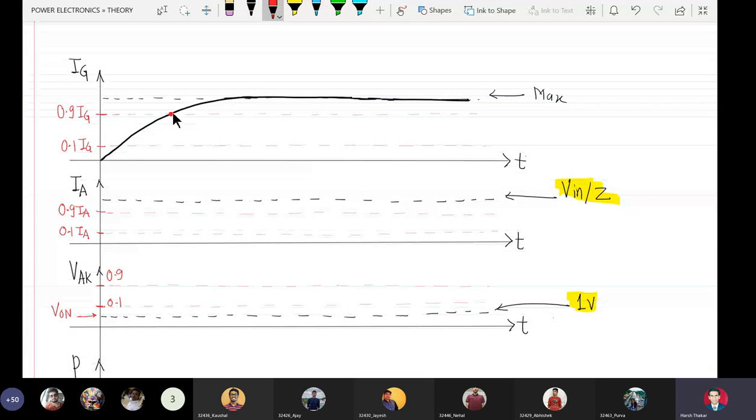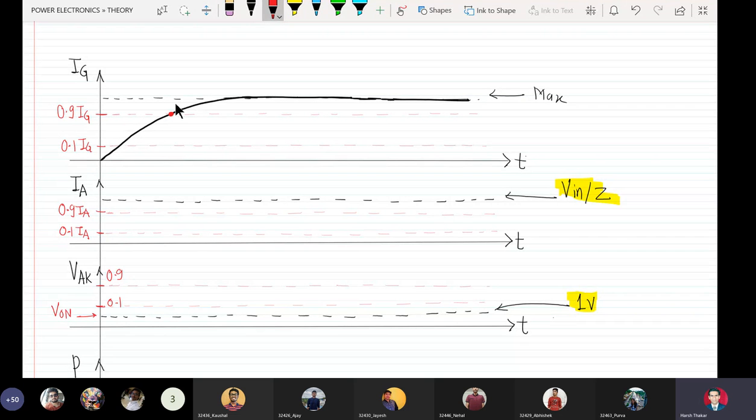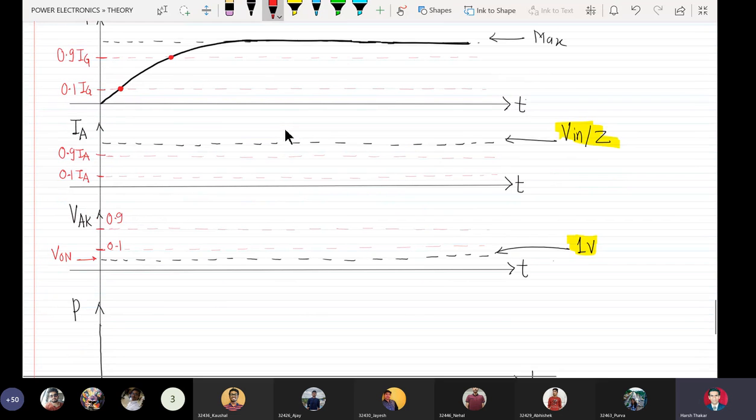This is the point which represents 90% of Ig. This is the point which represents 10% of Ig. Okay. So now understand one thing, that when the gate current reaches 90% of its final value, that is the time instant at which the anode current starts increasing from 0.